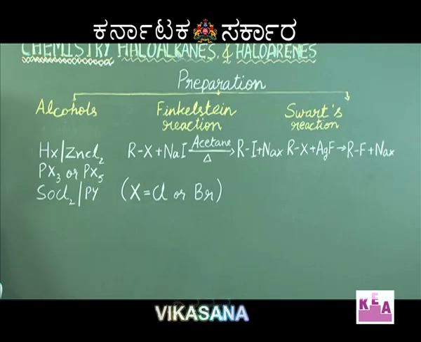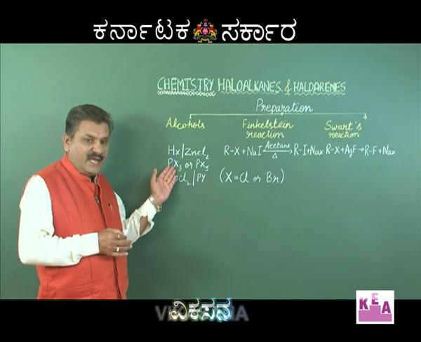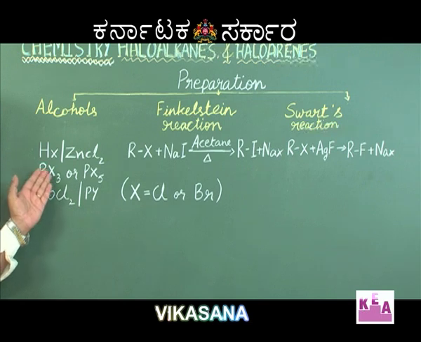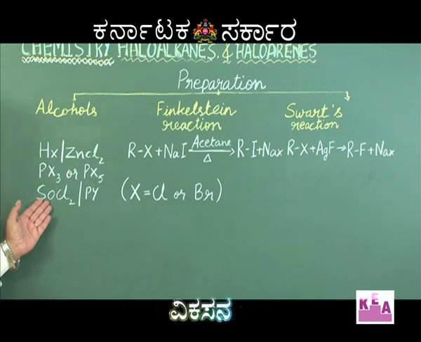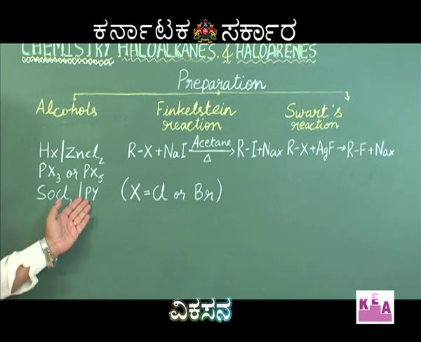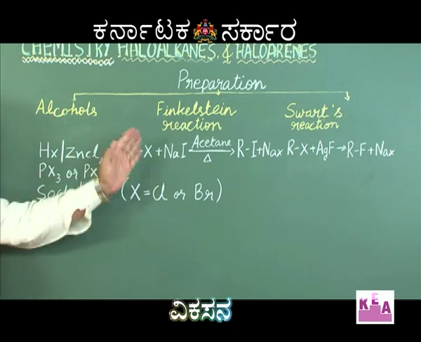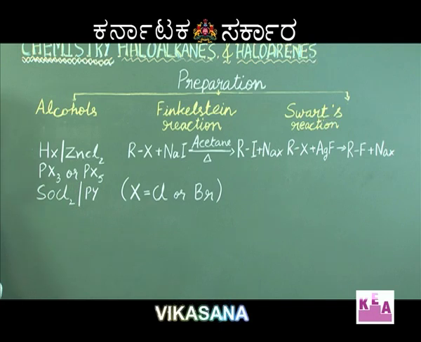In this method, alcohols are converted into haloalkanes by the reaction with hydrogen halide in presence of anhydrous zinc chloride, or by the reaction with phosphorus halides like PX3 and PX5, or by the reaction with thionyl chloride in presence of pyridine catalyst.